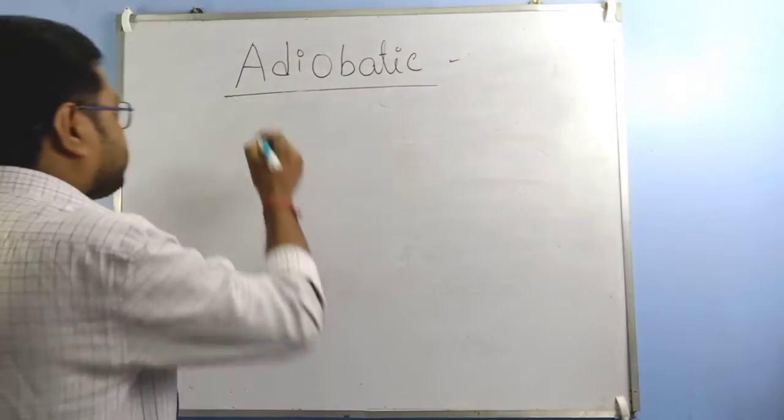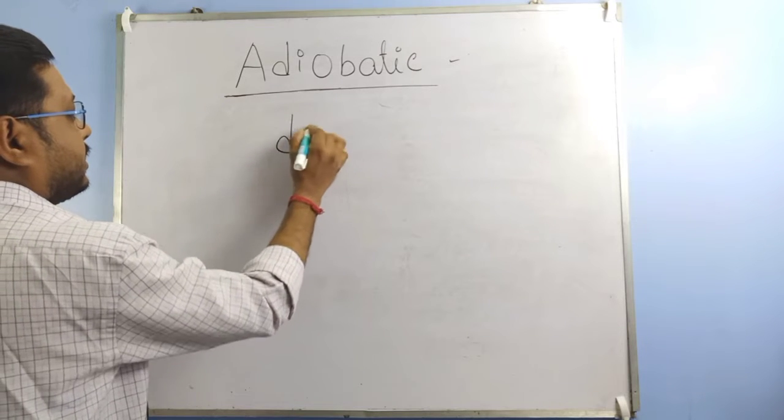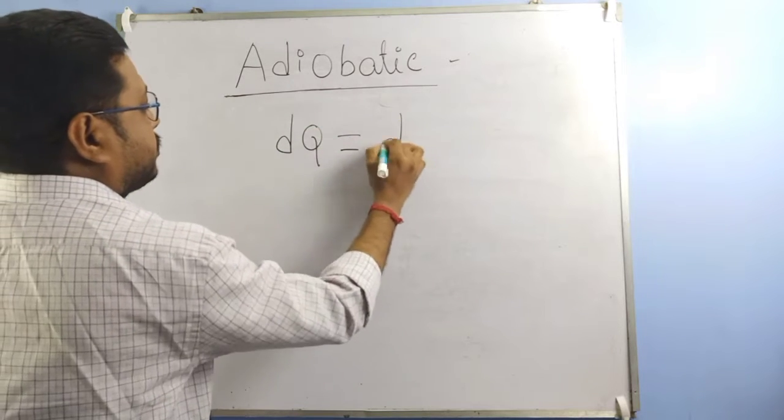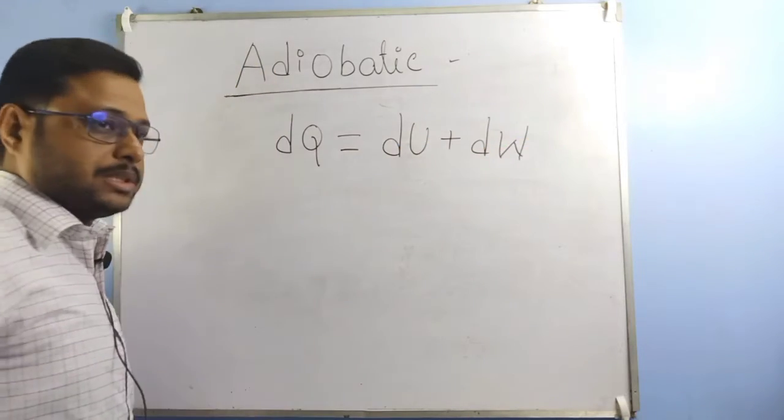Now from the first law of thermodynamics we get dq is equal to du plus dw. You all know this.